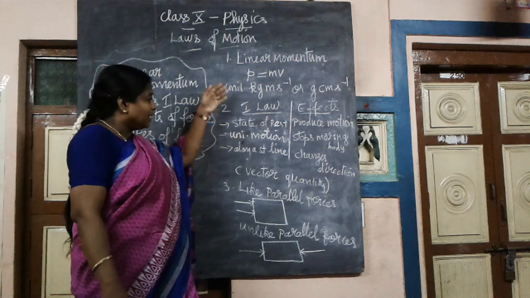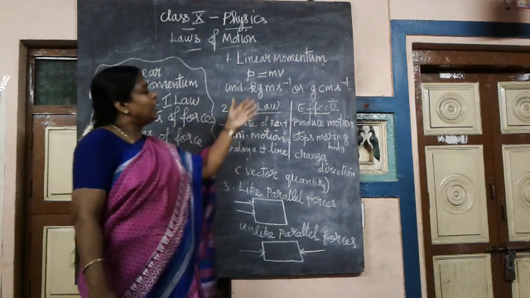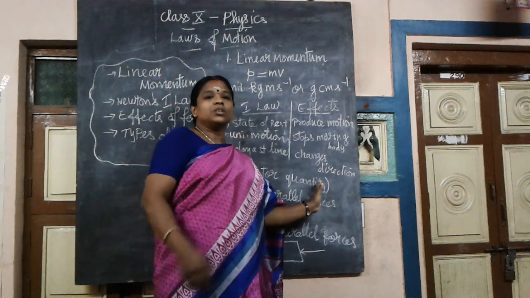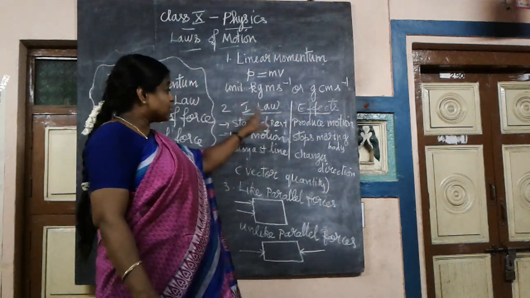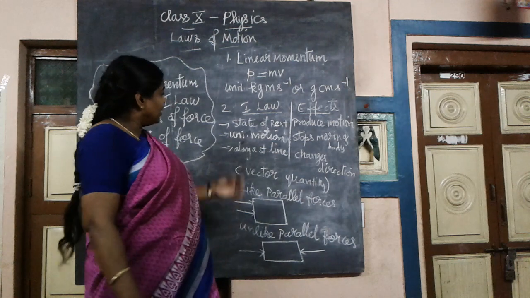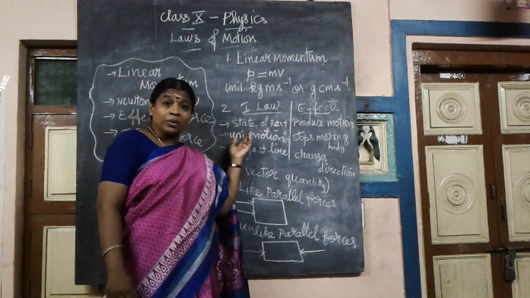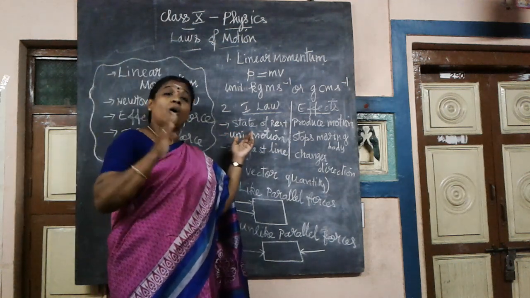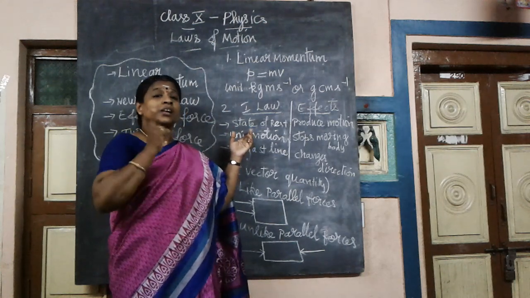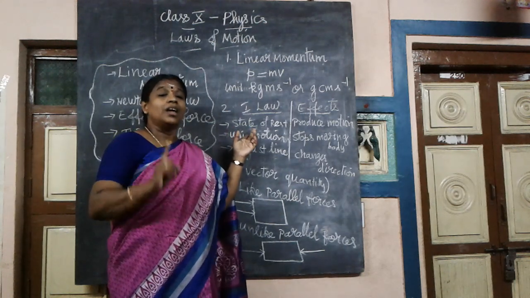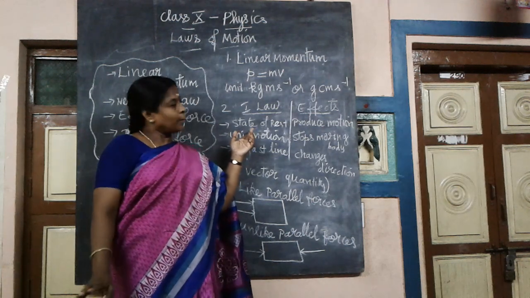So we have combinedly learned the statement of the first law and the definition for the force in terms of its effects. Now again I say the first law, children. Every body continues to be in its state of rest or of uniform motion along a straight line unless it is compelled by an external force.